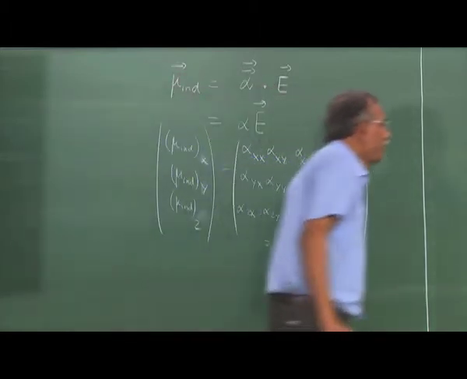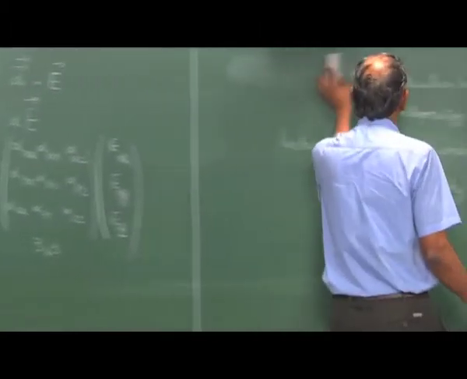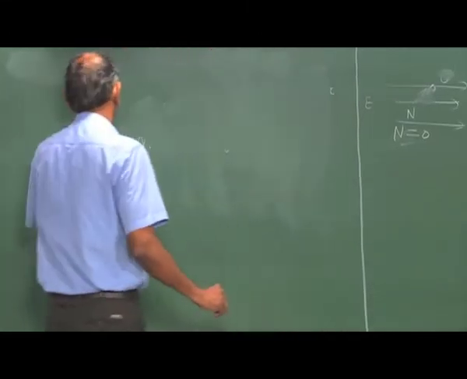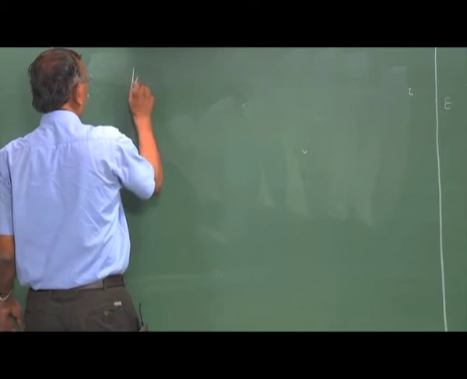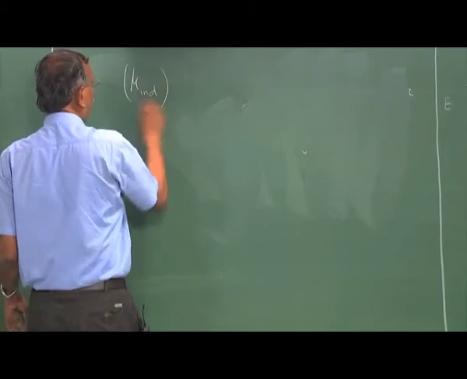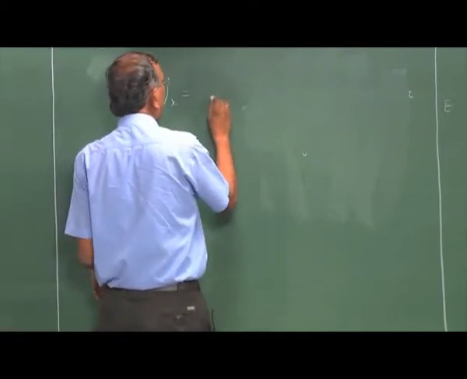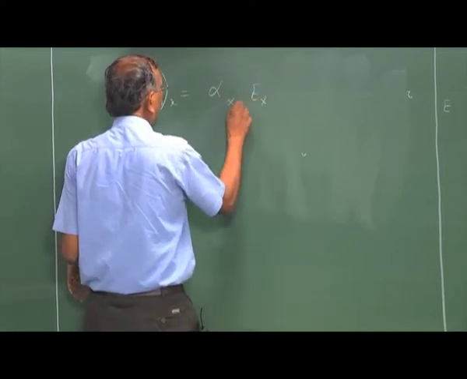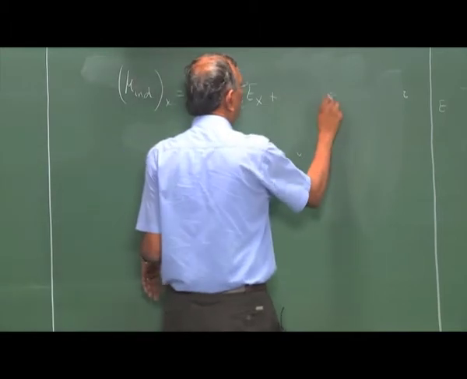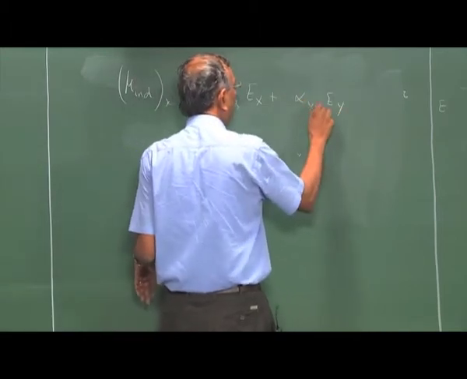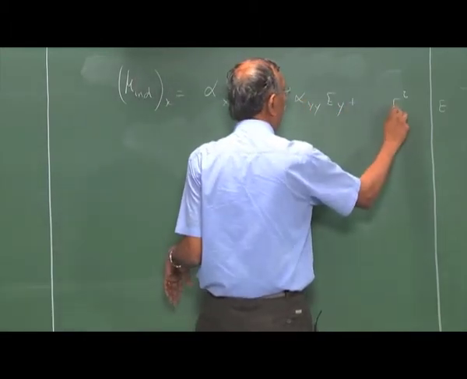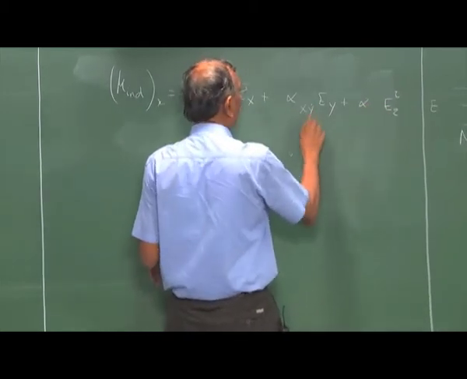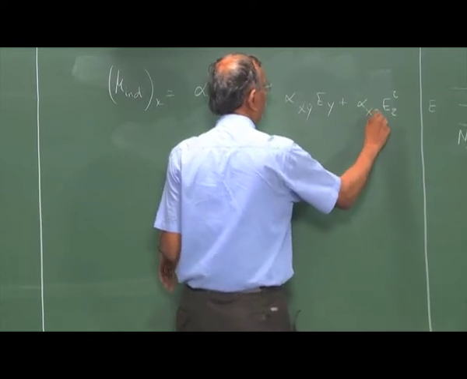What does this mean? This essentially means that the induced x component of the dipole moment, mu induced x, is given by the effect of the Ex alpha xx, the Ey alpha xy and the Ez alpha xz.